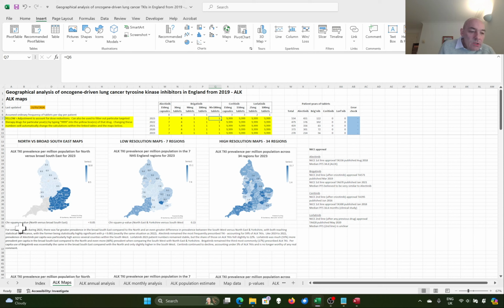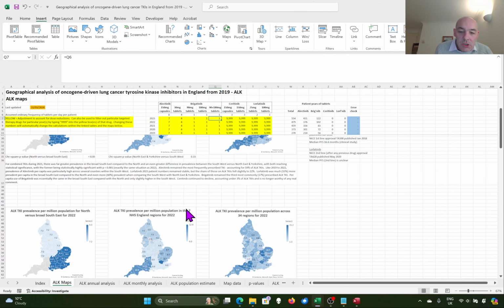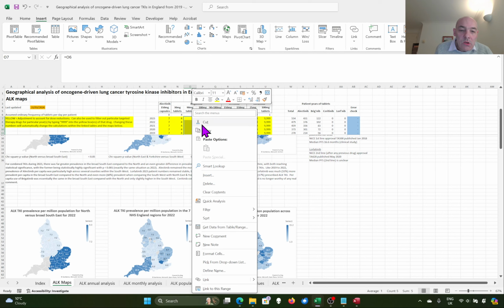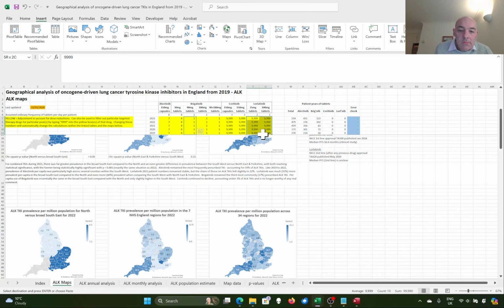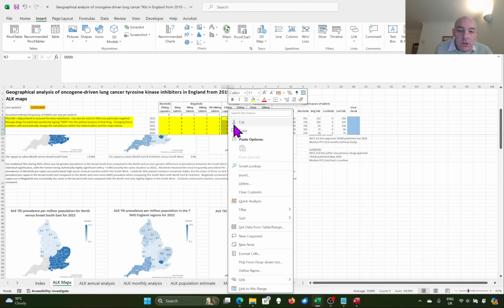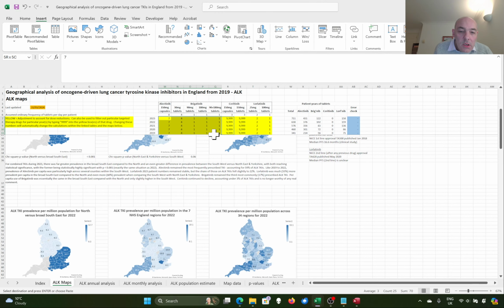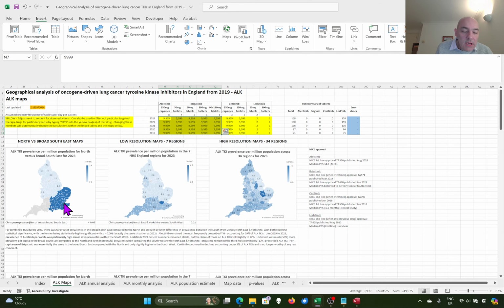The chi-square p-values have also been dynamically changed as well, and these map patterns have changed for just those drugs. So if you want to see, for instance, just lorlatinib on its own, let's put 9999 in all the others. So now that's just a lorlatinib map.